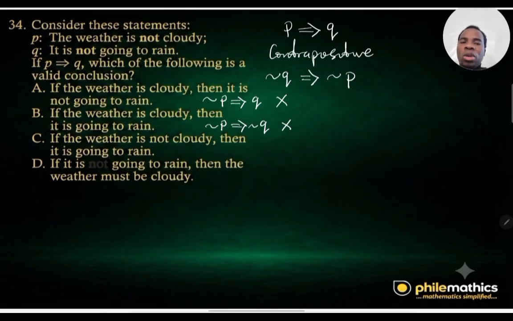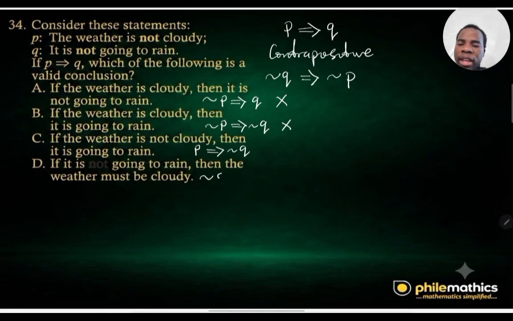This doesn't look like the contrapositive, it's the other way around. If the weather is not cloudy, which is our P, then it's going to rain, implies negation Q. This doesn't look like it. It is going to rain is negation Q, because Q is it is not going to rain.